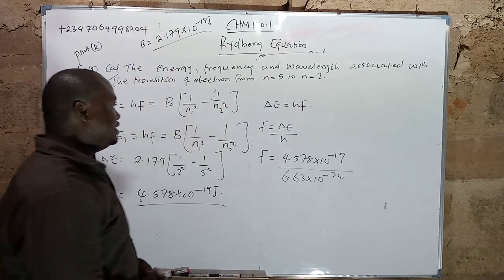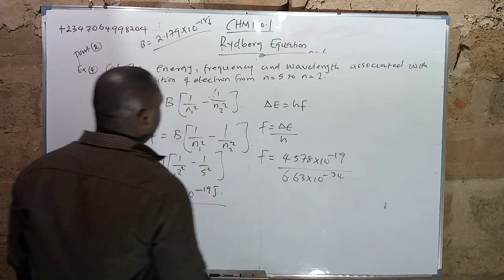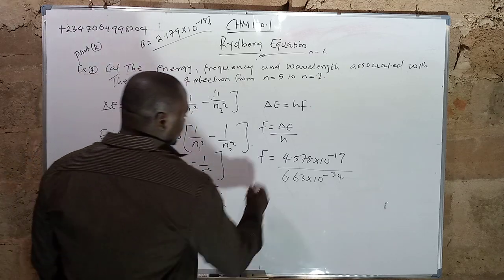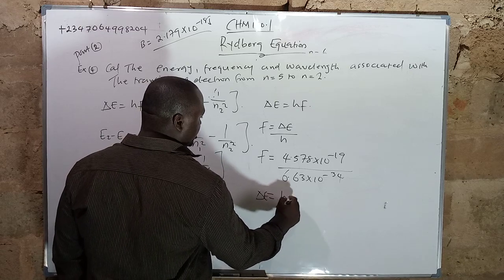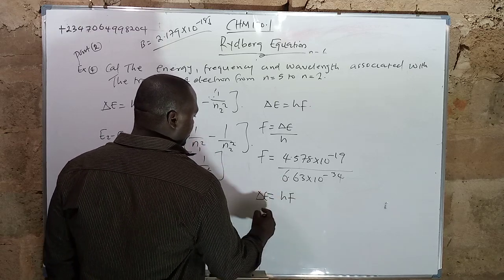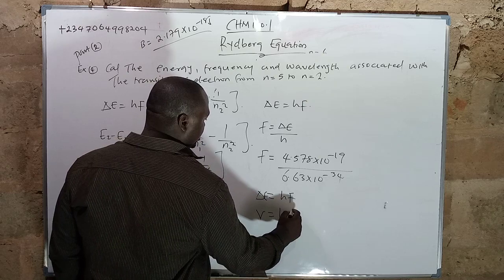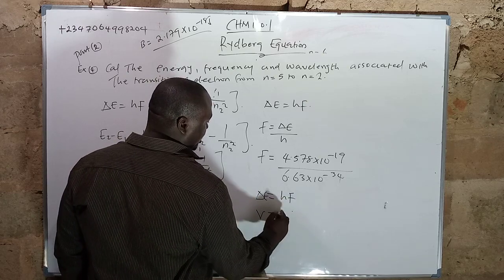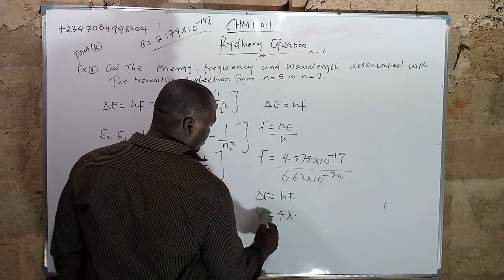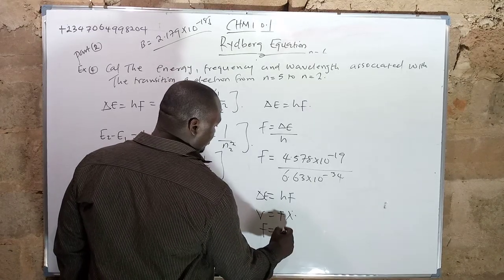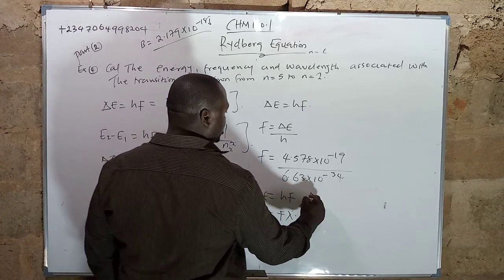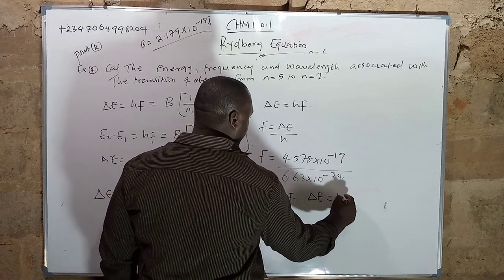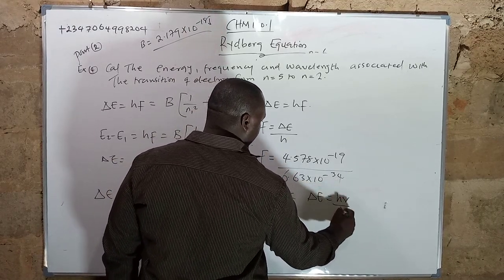The same thing applies here. If you want to get your wavelength, remember I put the formula. I said if the change in energy is hf, and if velocity is f lambda, and f is velocity over lambda, this equation will change to change in E equals hv over lambda.